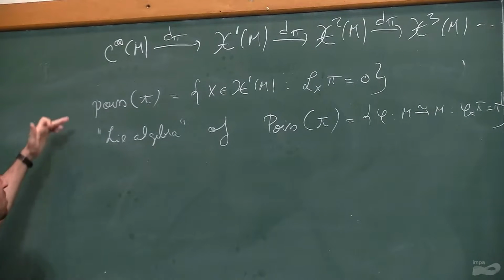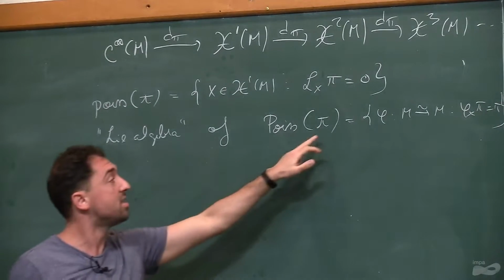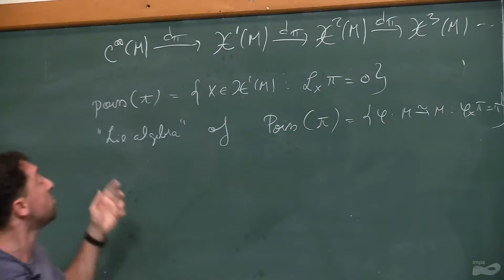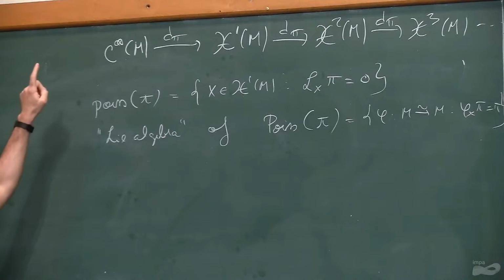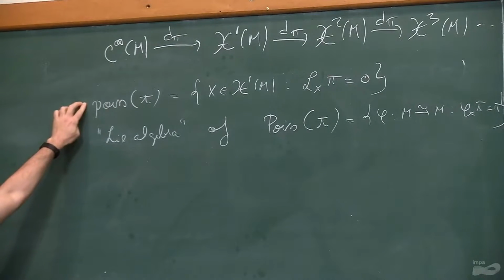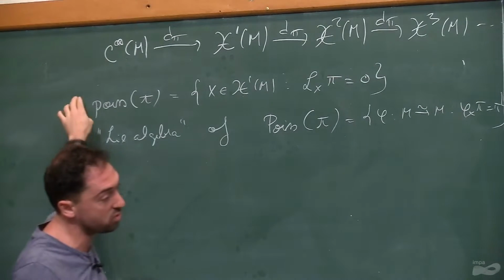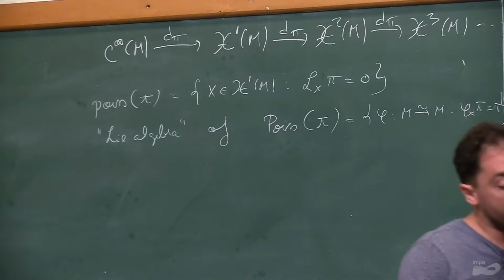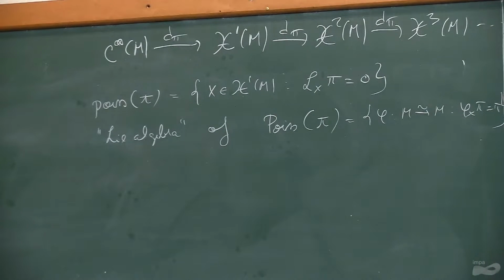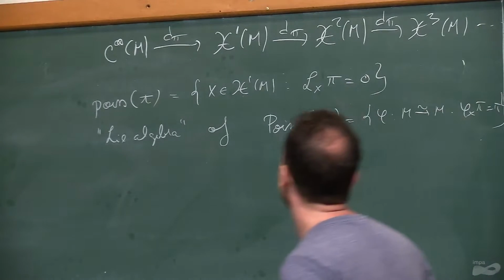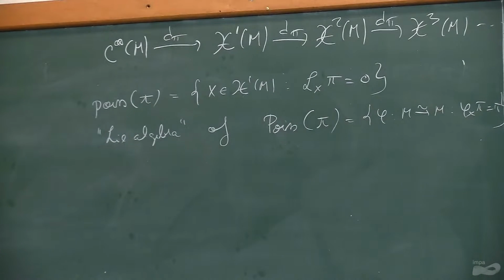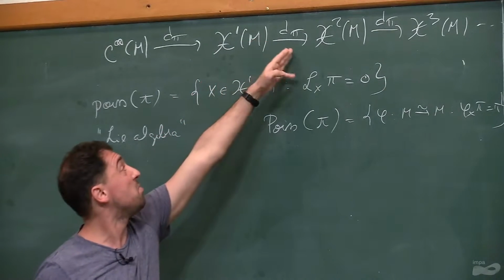But somehow, if you take a path in this group and take its derivative at 0, you'll obtain an element here. And if you take a smooth path of Poisson vector fields, which are complete or locally complete, their flow will always be by Poisson isomorphism. So in this sense, it plays the role of the Lie algebra. So this will be the kernel of this map.